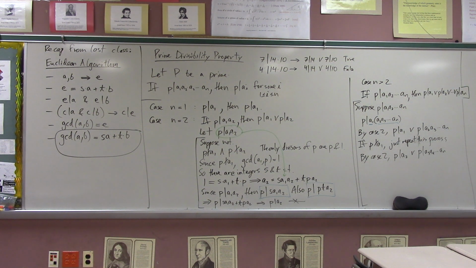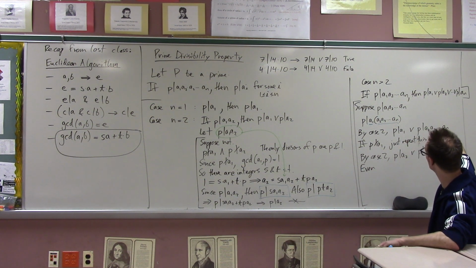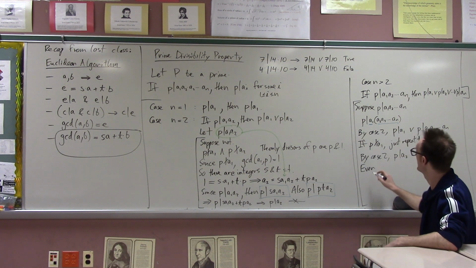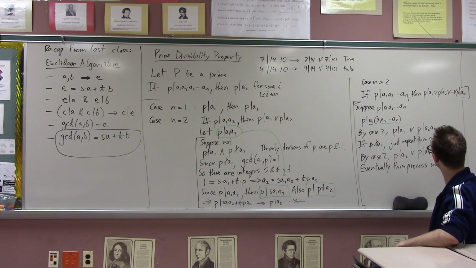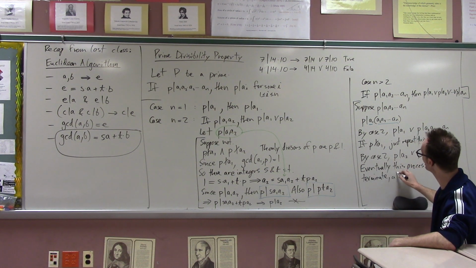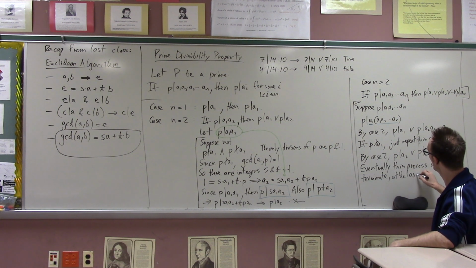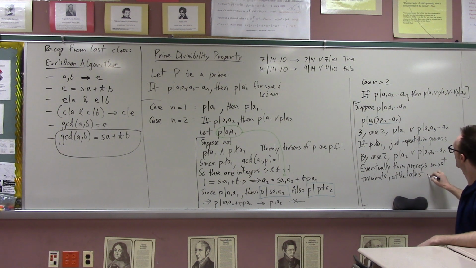All right, and basically this process must terminate. Because each time we're pulling off only one of these factors at a time, eventually this process must terminate, and at the latest it terminates with P dividing the last two, A(n-1) and AN.